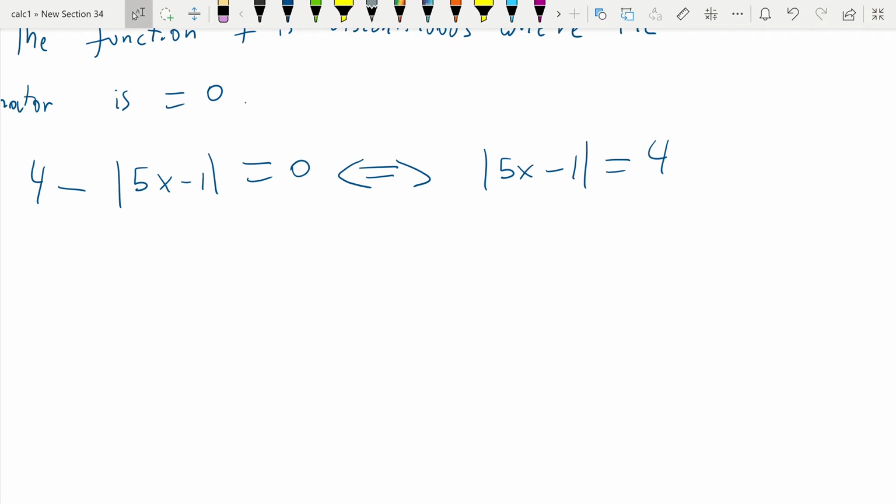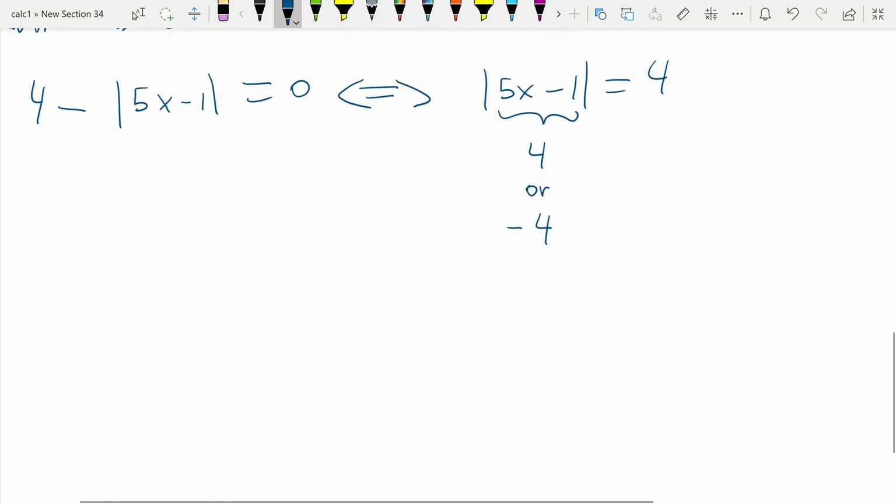And there are two options here. Either what's inside is 4 or minus 4. The absolute value of minus 4 is 4, and the absolute value of 4 is 4 again. So those are the only two possibilities for what's inside the absolute value.